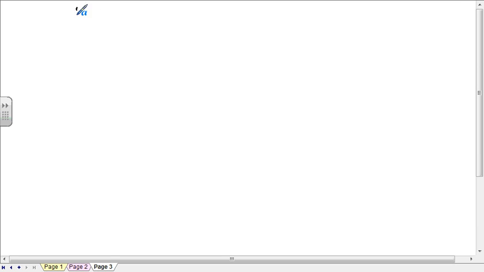So we're going to start with uniaxial tension and compression. You treat these two the same way. In prismatic bars.